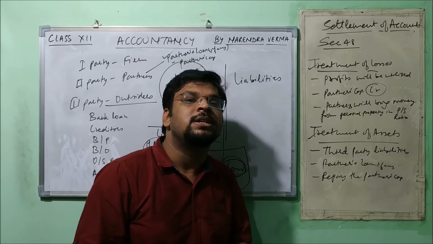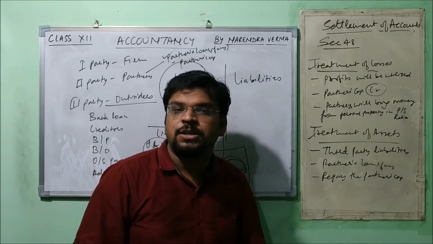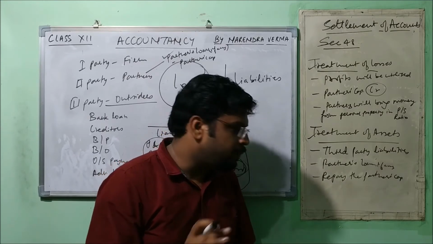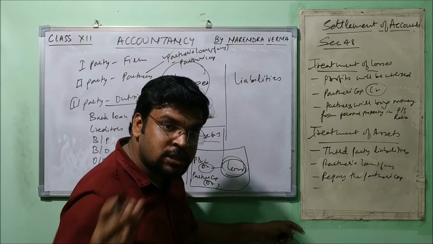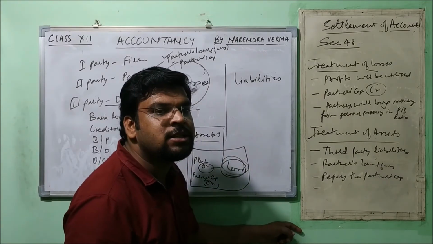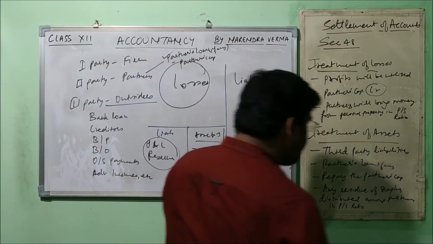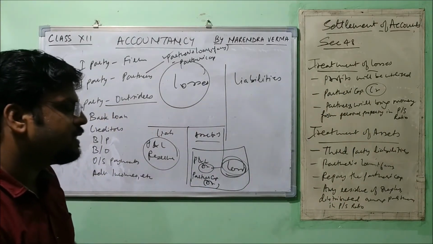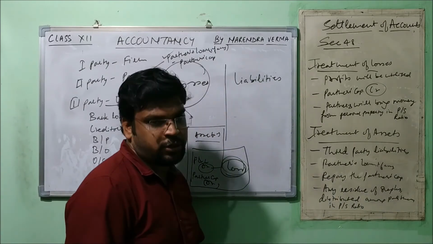So when the firm is having money, the firm is supposed to repay the partners. Now after it, if any amount is still left, the residue or surplus is distributed among partners in their profit sharing ratio.